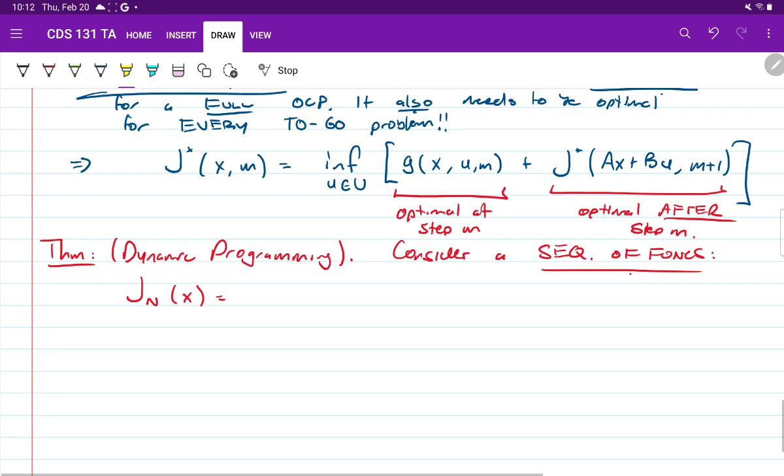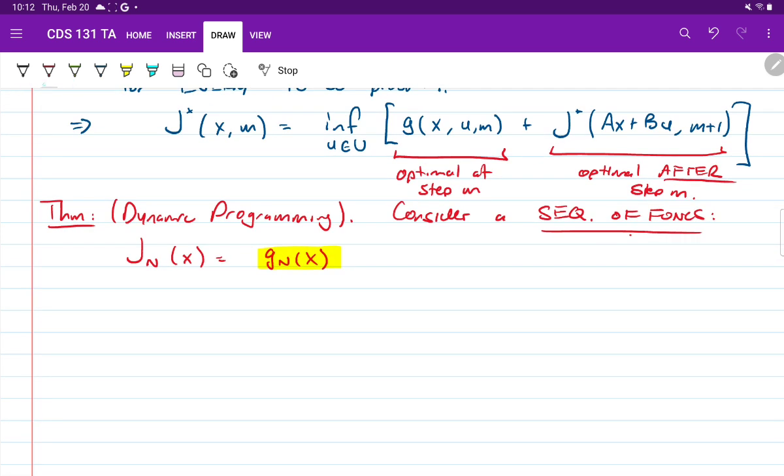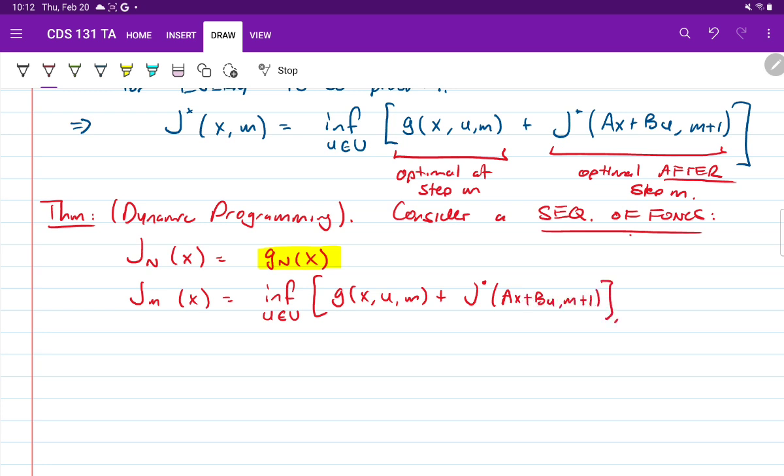So we have J_N of x is equal to g_N of x, where this is the same function that we highlighted up there. Now for each m less than n, I'll have J_m of x equal to the infimum over u in U of g of x, u, m, plus J star of Ax plus Bu at m plus 1. And this is going to hold for m equals 0 all the way up until n minus 1, okay?